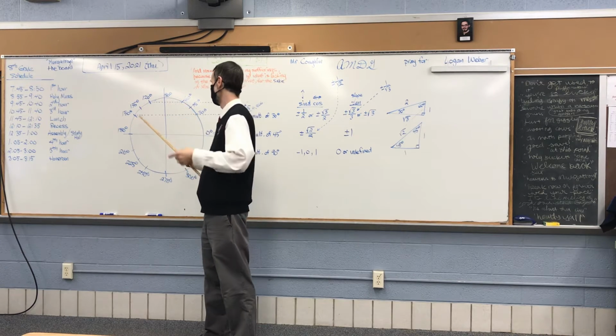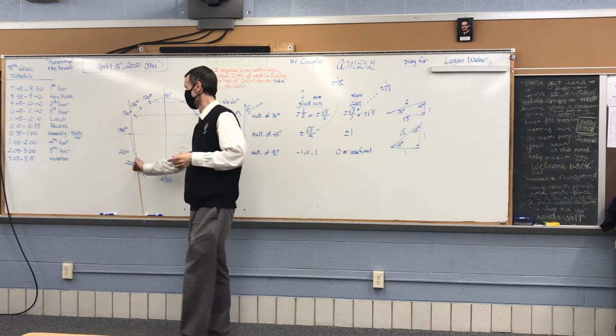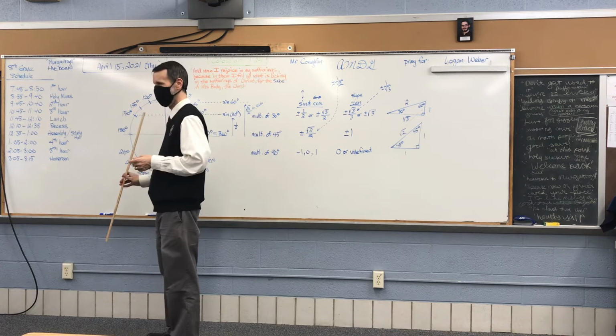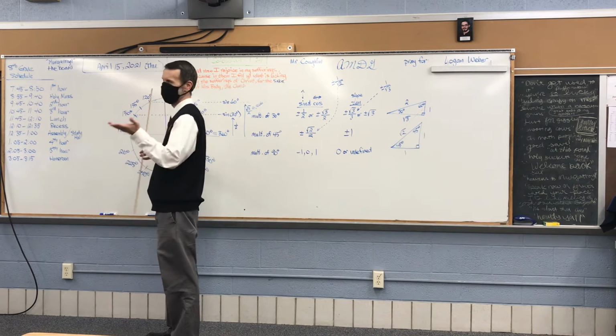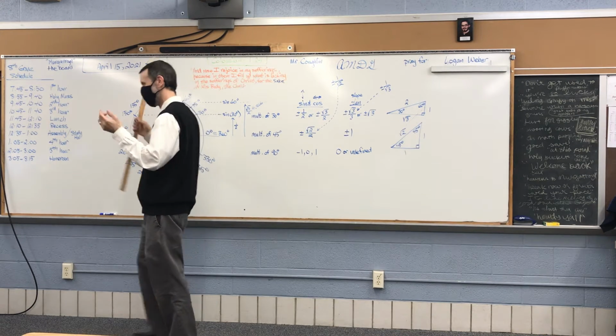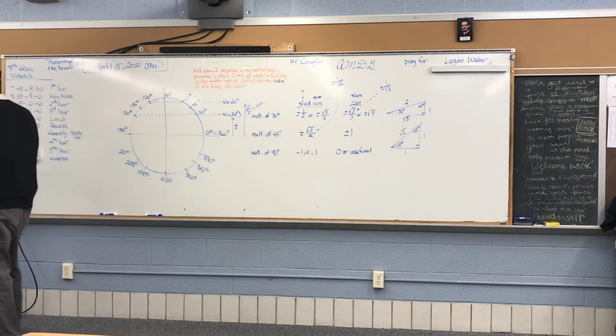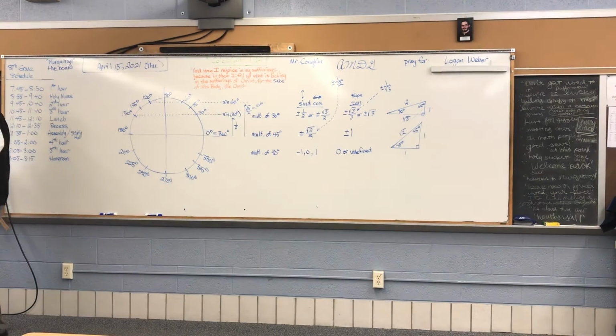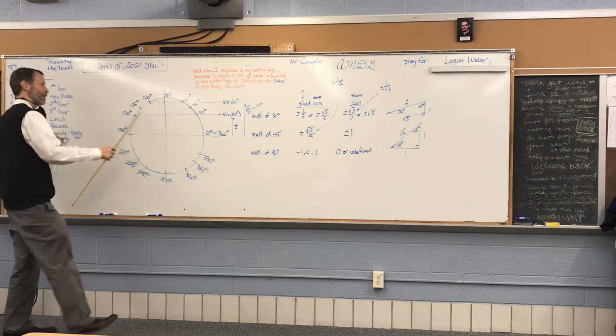One half. Good. What's the cosine? Is it positive or negative? Negative. Negative what? Good. Negative radical 3 over 2.